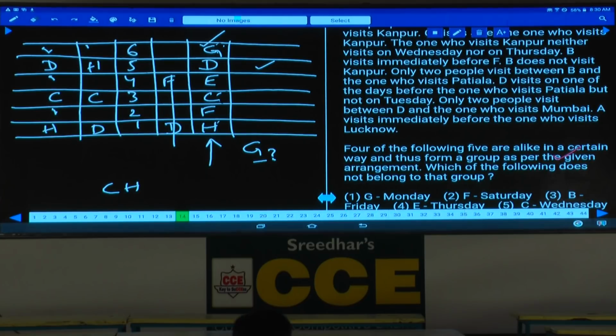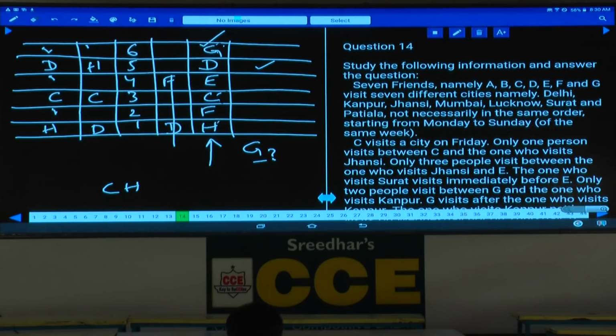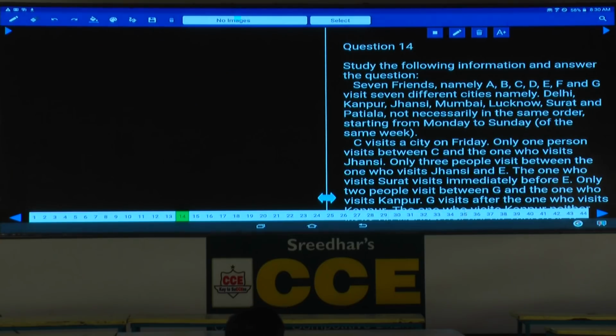Then the 14th one. Now, from question number 14 onwards, what is the information here? 7 persons, 7 friends, namely A, B, C, D, E, F and G, visit 7 different cities, isn't it? And from Monday to Sunday: Monday, Tuesday, Wednesday, Thursday, Friday, Saturday and Sunday.